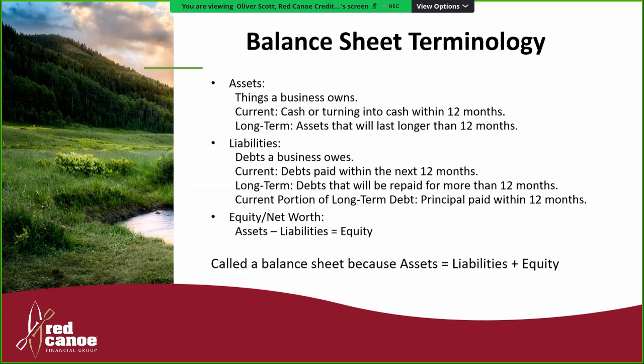Say a loan that you might have on equipment or a piece of real estate, what have you. Then you have the current portion of long-term debt, which is the amount of principal that is going to be paid on those long-term debts within the next 12 months.